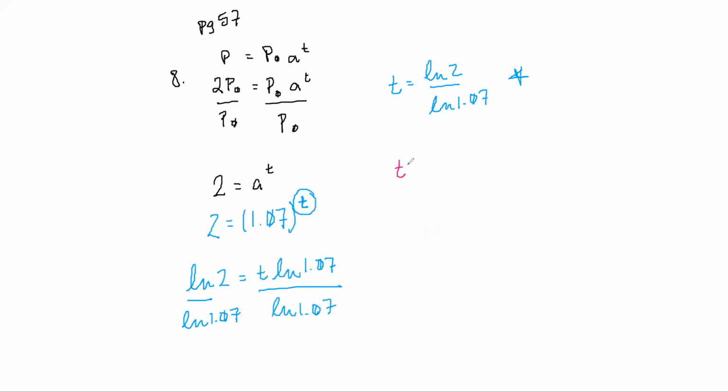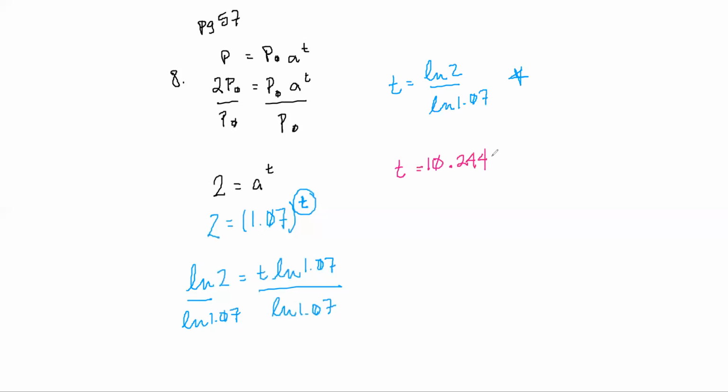But for now, I'm going to put it into a calculator so that I can understand what this time actually looks like. If I can work my calculator, which I guess is doubtful. Natural log of 1.07. So t is equal to 10.2. And that's what our doubling time is.